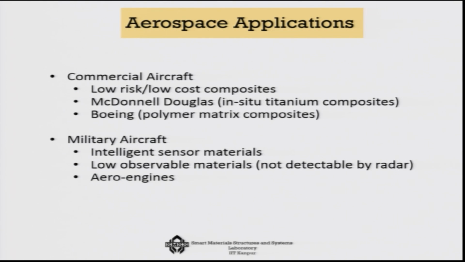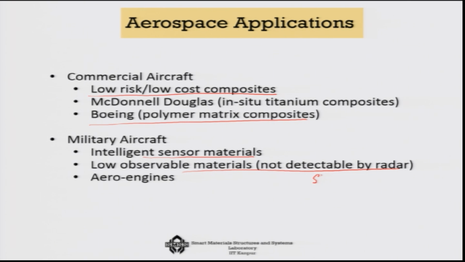Now, there are various applications of it. For example, the commercial aircraft, where you have low risk, low cost composites in the wings like McDonnell Douglas or Boeing, they heavily use these composites. Military aircraft use it for sensitive systems that I told you earlier with intelligent sensor materials, stealth materials for example, and then low observable, these are the stealth materials.